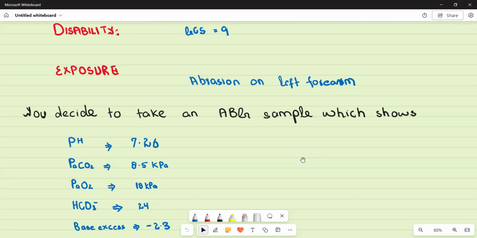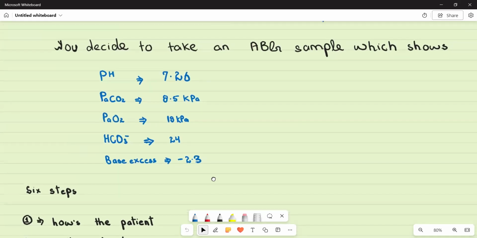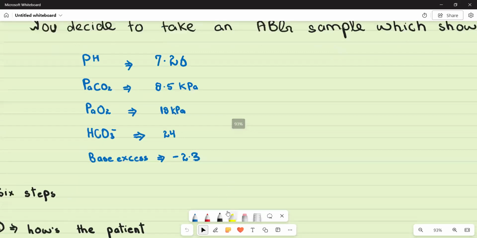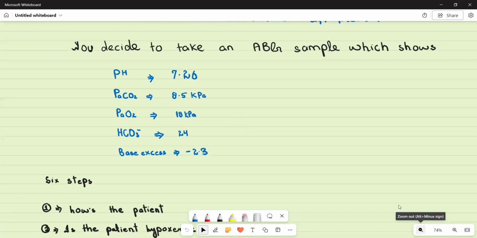You decide to take an ABG sample and you have the report. So pH is 7.26. Okay, PaCO2 is 8.5 kilopascal. PaO2 is 18 kilopascal. Bicarbonate ion is 24, and base excess is minus 2.3. Okay, so let's apply our 6-step approach.